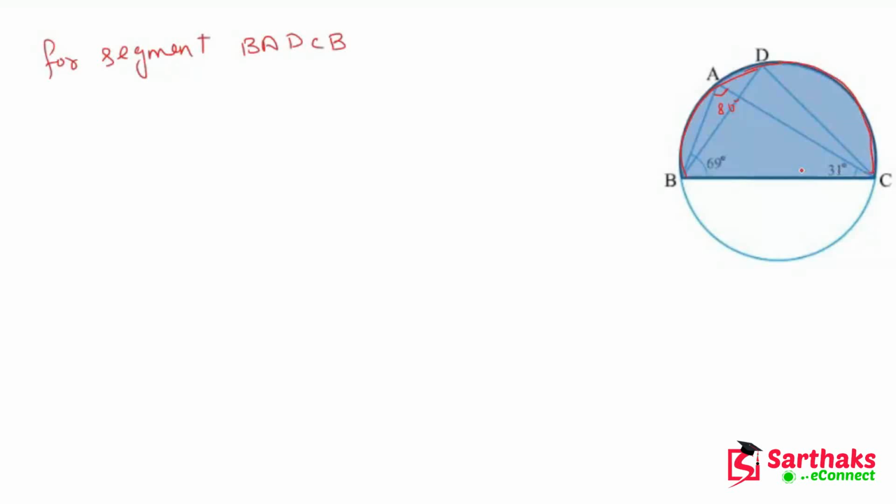Angle BDC and angle BAC are angles in the same segment, so they must be equal.